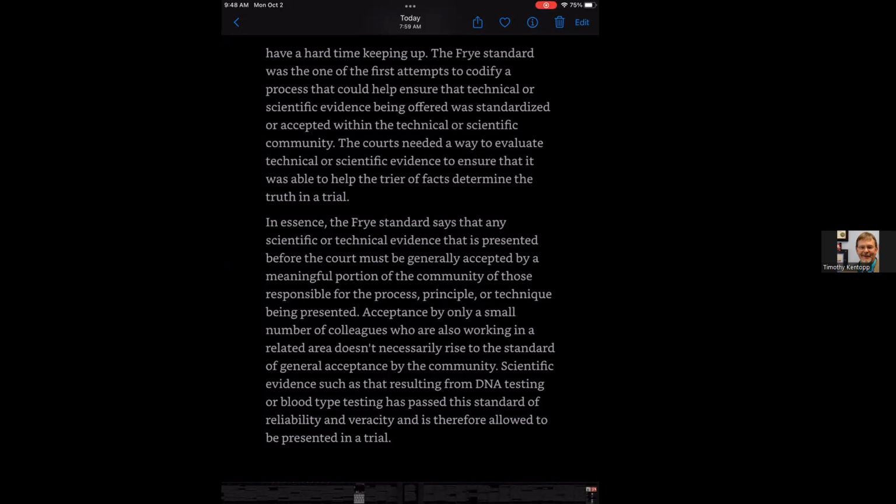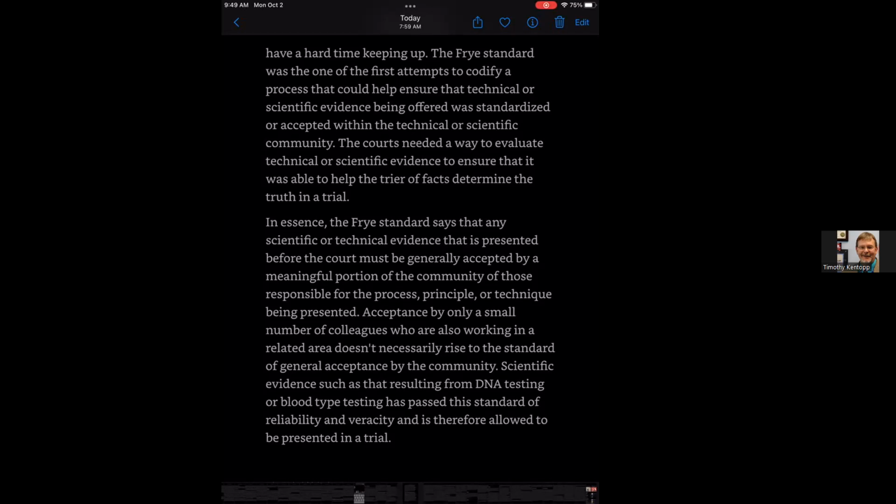Fry, 1926, okay? But the catch is a community of experts has to agree or understand. Look at those terms, generally accepted, meaningful portion, right? That means that there has to be agreement among subject matter experts about what the evidence means, okay?